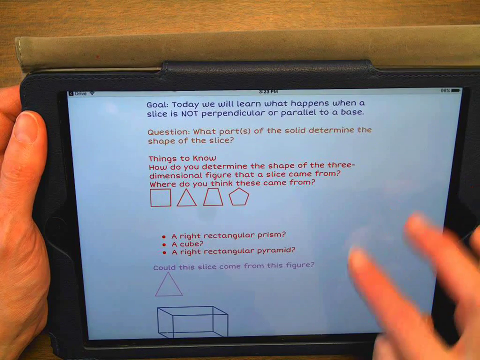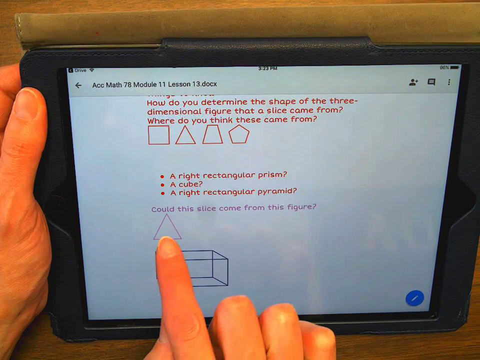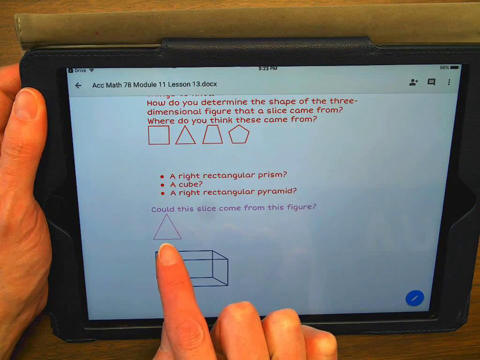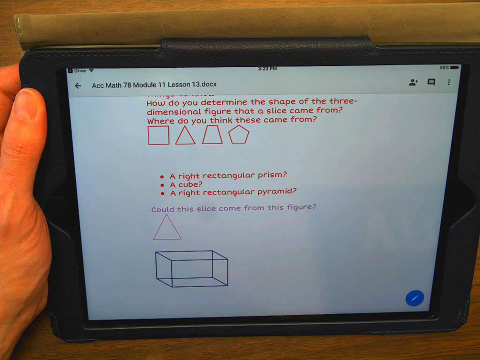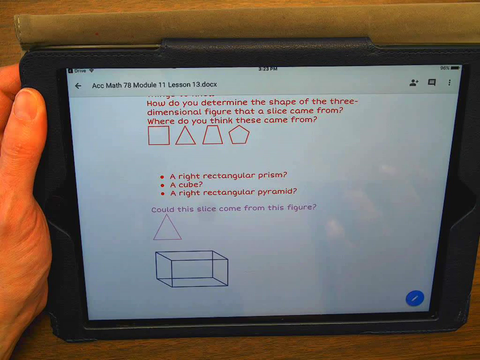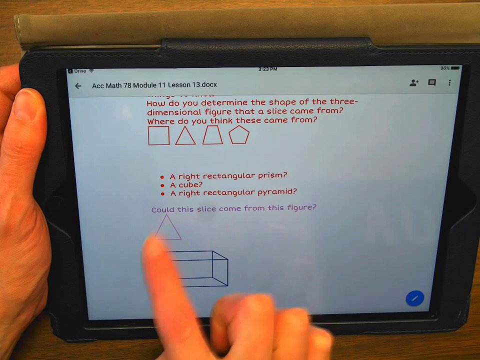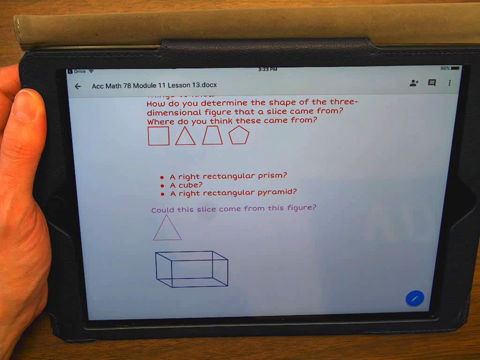Okay, so another thing that I want you to look at is, could this slice right here, and we're talking about that little pink triangle right there, could this slice come from this figure? I want you to think about that for a minute. Is there a way that we could slice this 3D figure right here, and when we take the slice off of it and you turn around and you look at the slice, is there a way that that would be the shape of the slice that comes off?